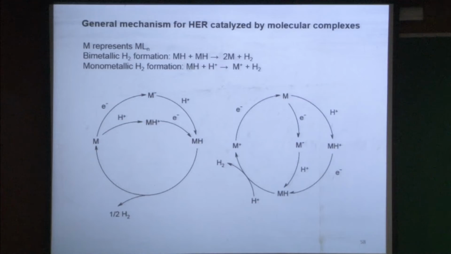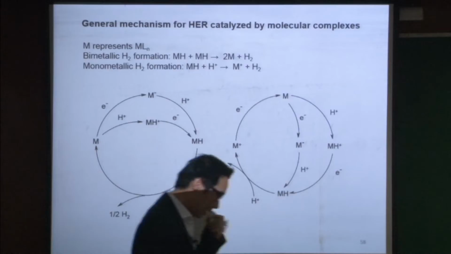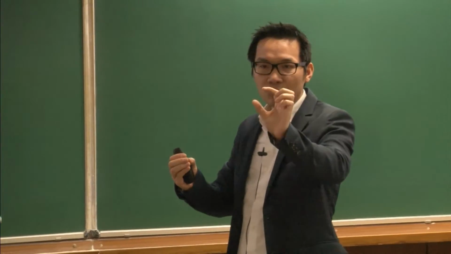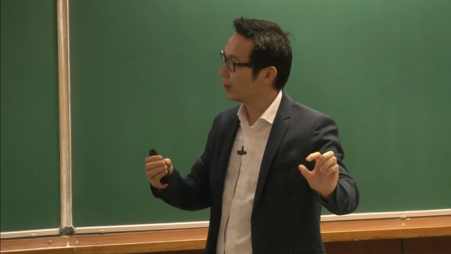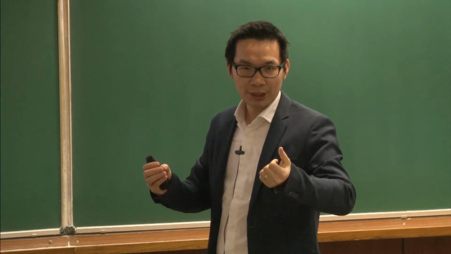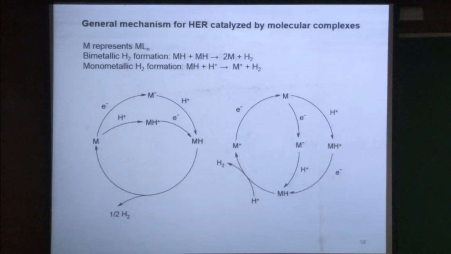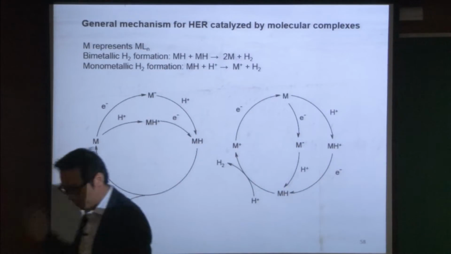In fact, the oxidation state of the metal pretty much does not change, because the hydride behaves as H minus. So those are the two main pathways. The idea is that this hydrogen ligand stabilized by the metal complex behaves either as a hydrogen radical or an H minus ligand. If it's H radical, two of them come together to make hydrogen. If it's H minus, it's protonated. So that's the main hydrogen formation pathway.